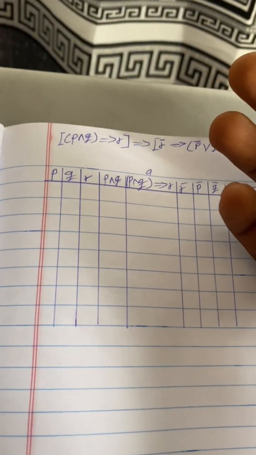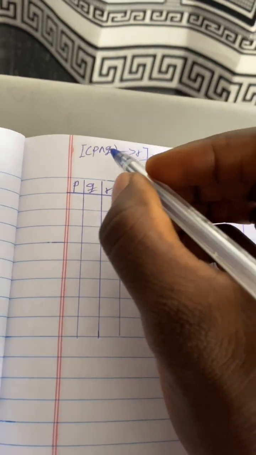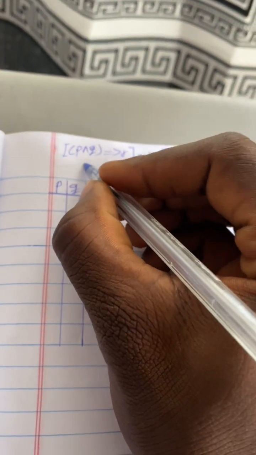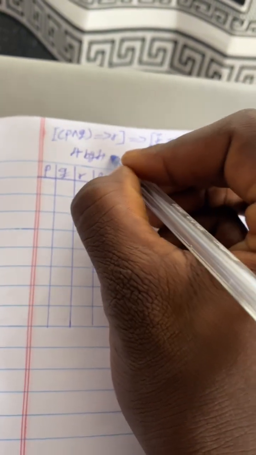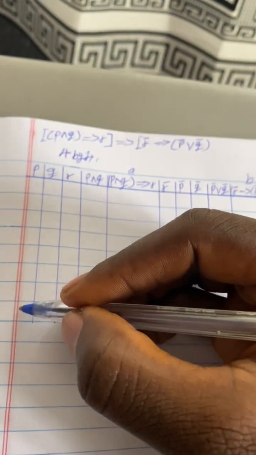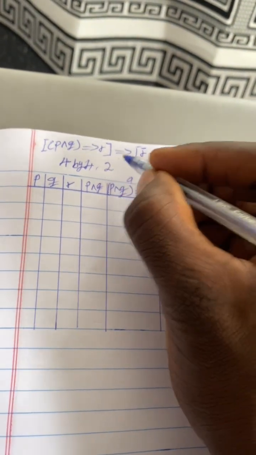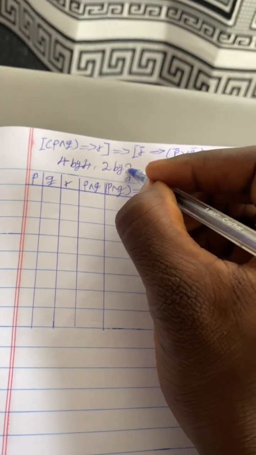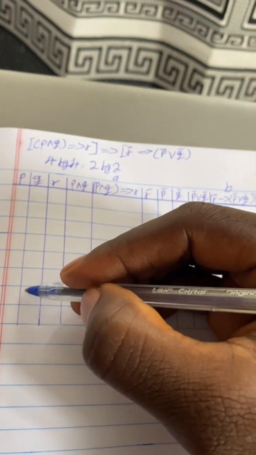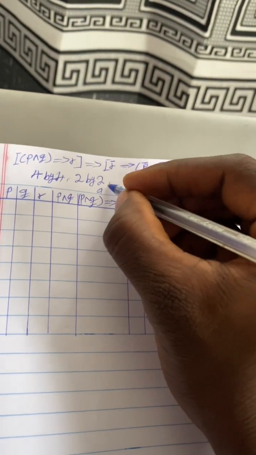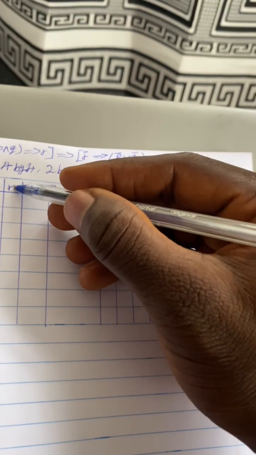Firstly, we learned how to list our members. You use 4 by 4 for the first row, 2 by 2 for the second row, and 1 by 1 for the third row.